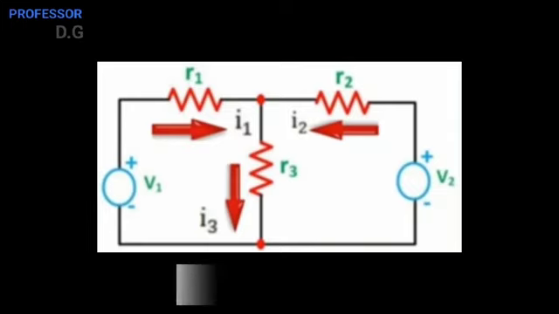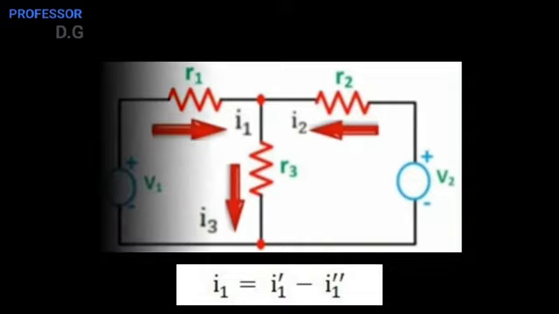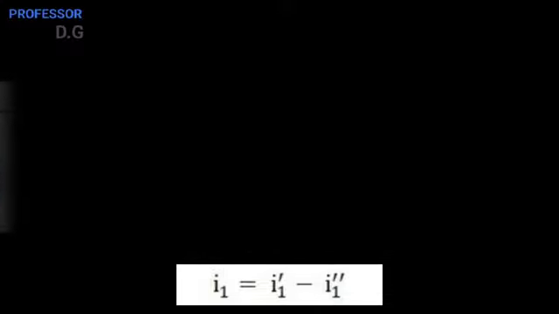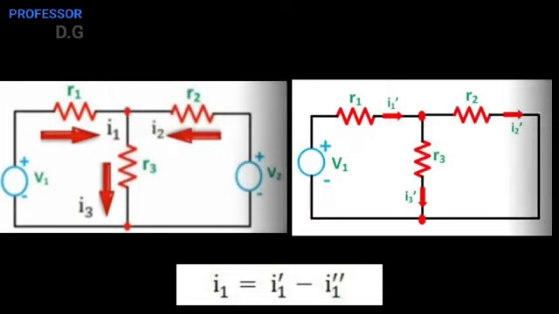Like here, the branch current of the main circuit I1 equals I1 dash plus or minus I1 double dash. Here you have to consider the original current direction.